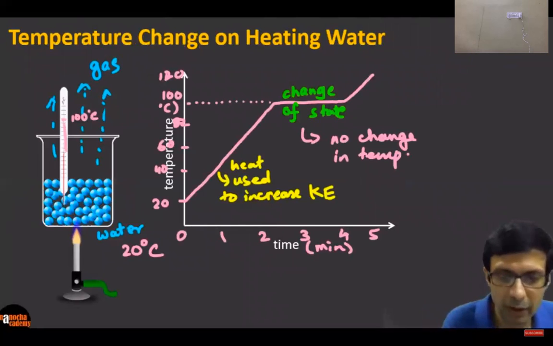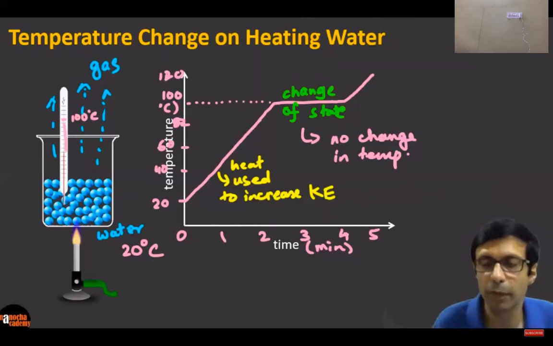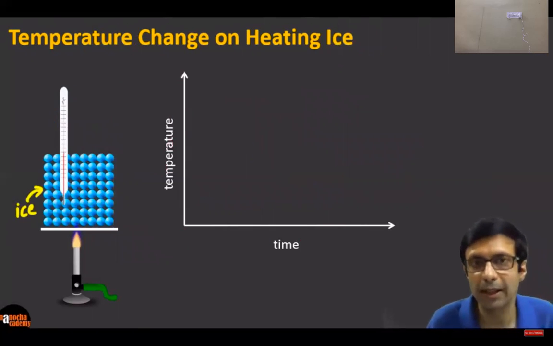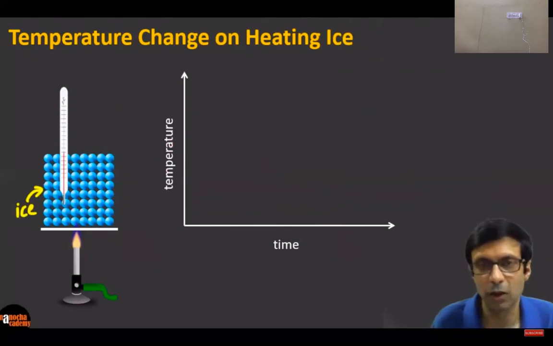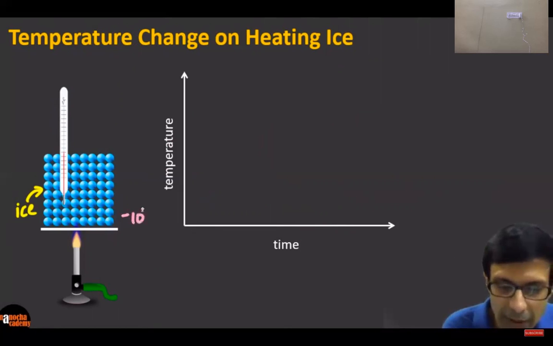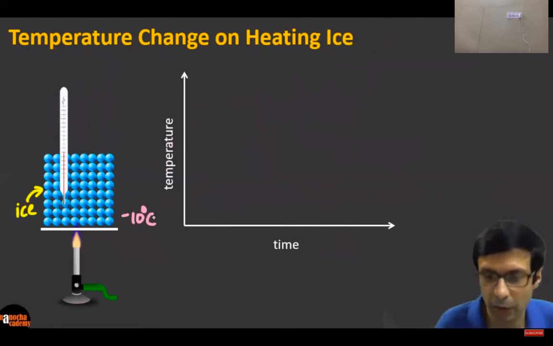So my question is, we saw this graph with the familiar example of liquid to water, to gas, right? And now if we start heating ice, okay? What do you think we're going to observe here? Let's say the ice we've taken out is initially at minus 10 degrees centigrade, okay?